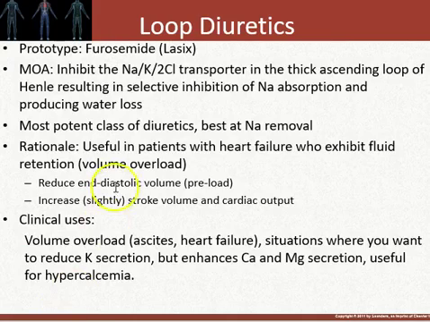So anytime sodium leaves and water leaves, we're going to really do two things. We're going to reduce end diastolic volume, which is preload, and we'll increase very slightly stroke volume and cardiac output. So this is kind of okay. It's not really a molecular or a physiologic target because for all practical purposes, his cardiac output is essentially normal.